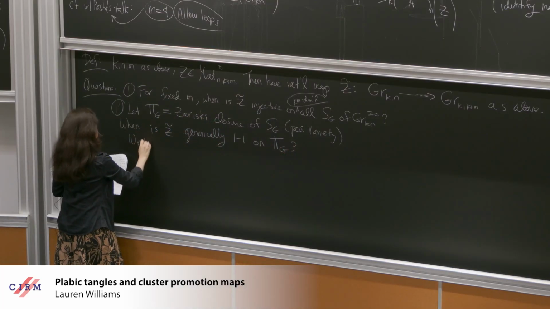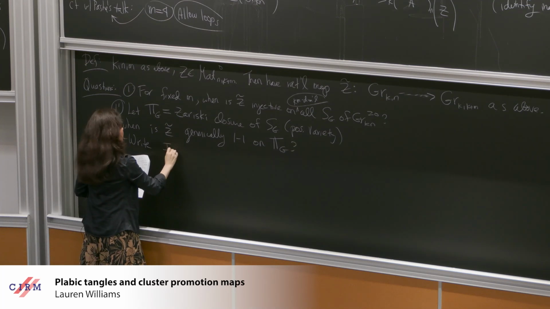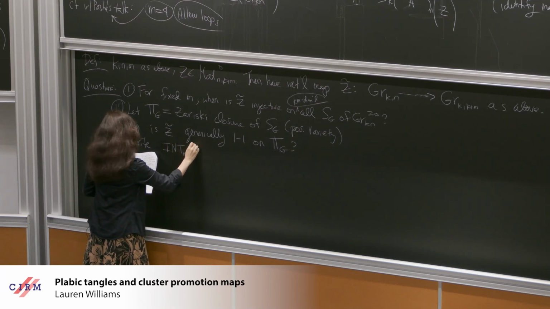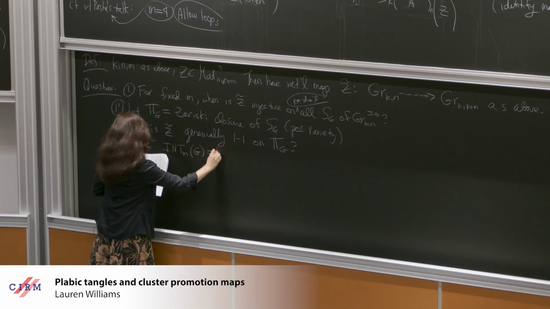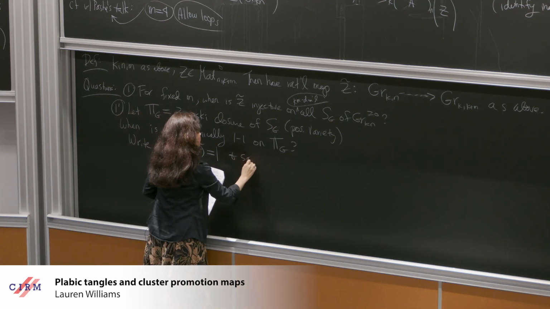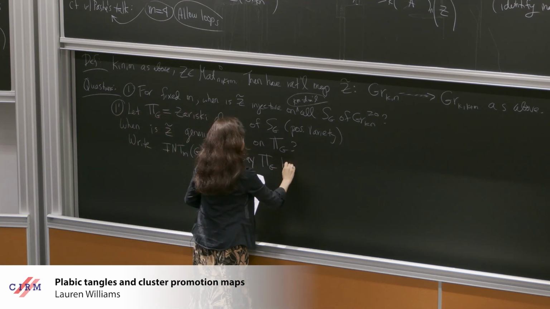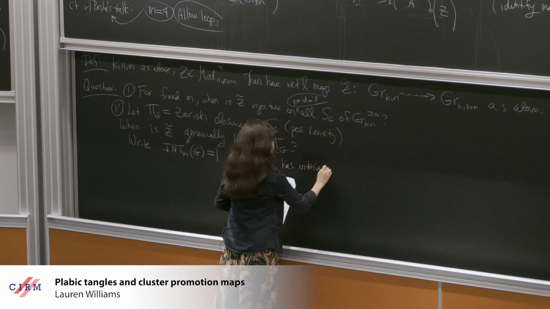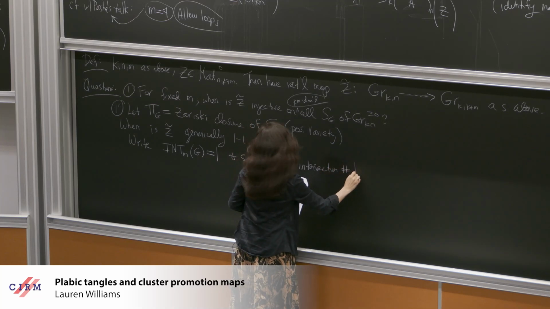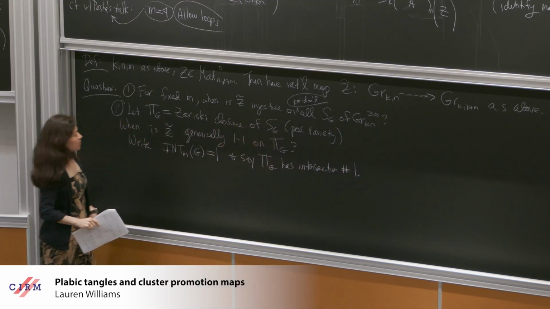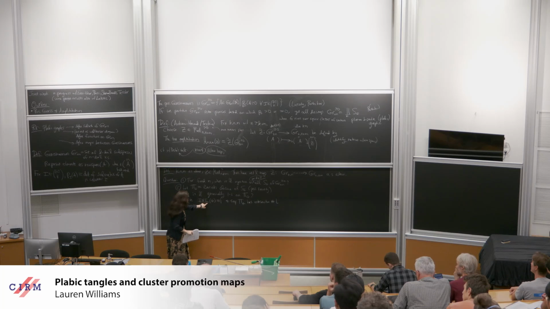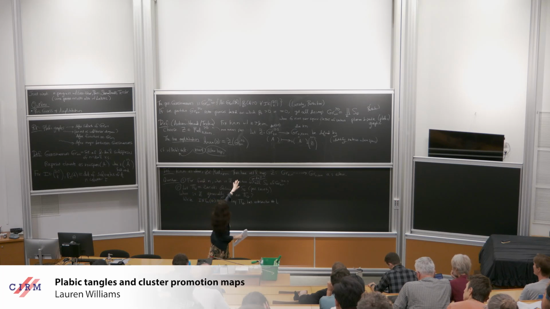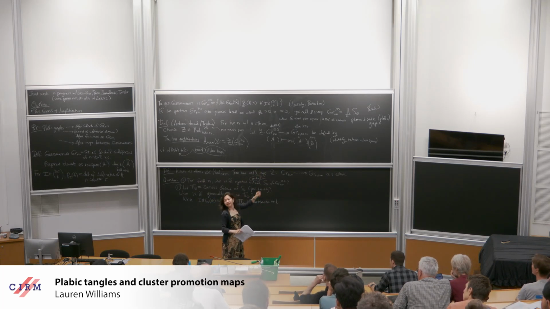And if this happens, I will write INT_M of g equal to 1 and say that pi g has intersection number 1. Okay, so INT is for intersection number, and I want to always remember this number m, which is a key component in the definition of this map Z tilde.